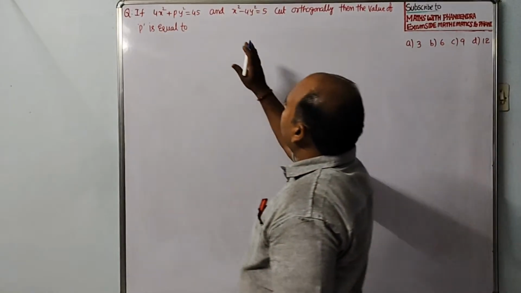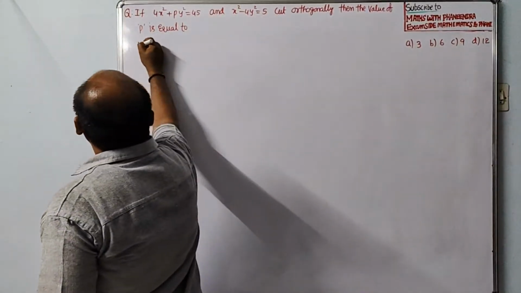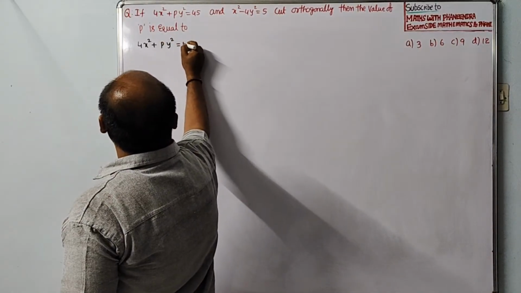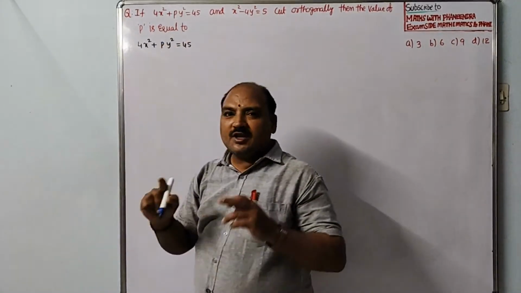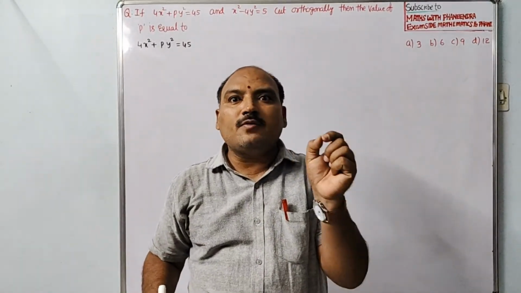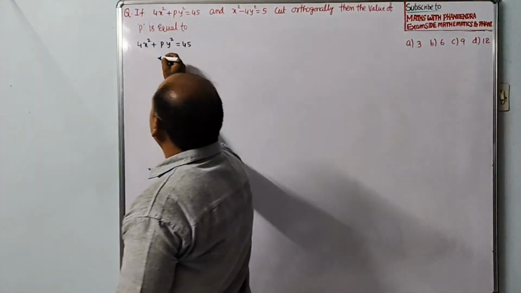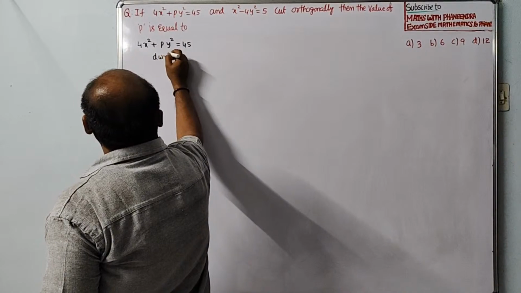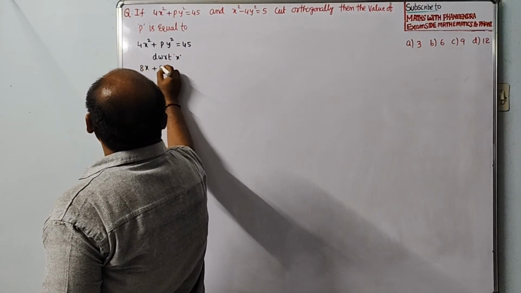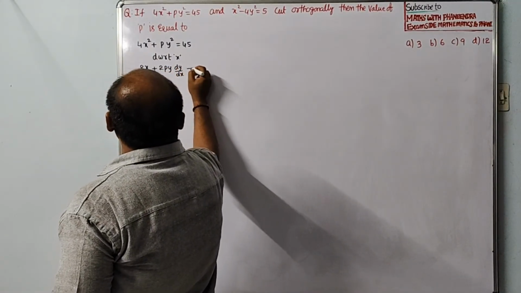So first, both the curves: one is an ellipse, another one is a hyperbola. 4x square plus py square is equal to 45. Whenever two curves cut orthogonally, the product of slopes is equal to minus 1, m1 into m2 equal to minus 1. So what we have to do is differentiate with respect to x. So you will get 8x plus 2py into dy by dx is equal to 0.